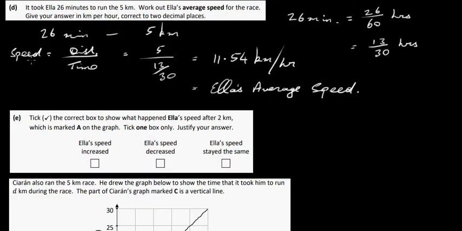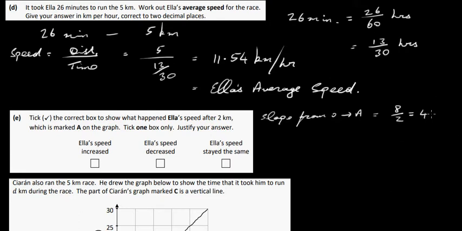So the slope from 0 to A is 8 over 2, which is equal to 4. Now what are the units here? Remember, the 8 is the time in minutes, and the 2 is the distance in kilometers.